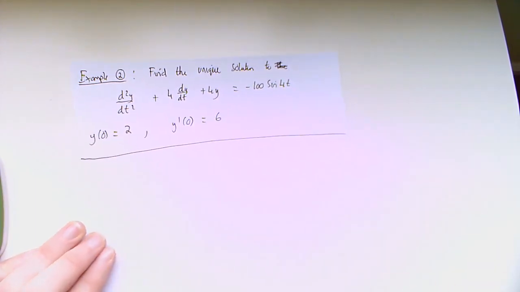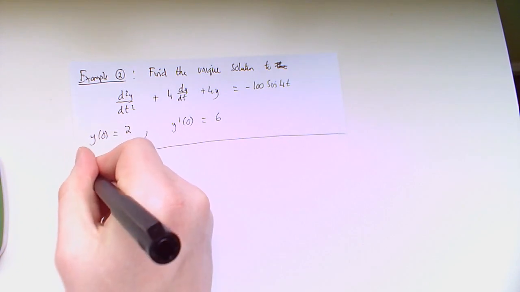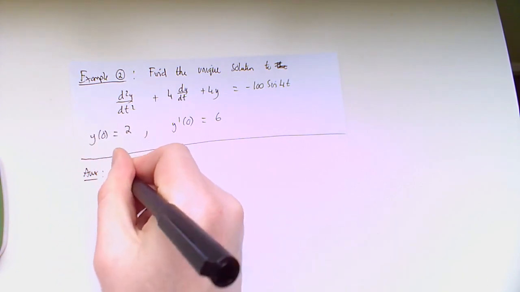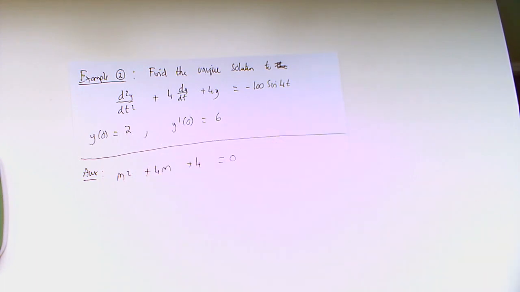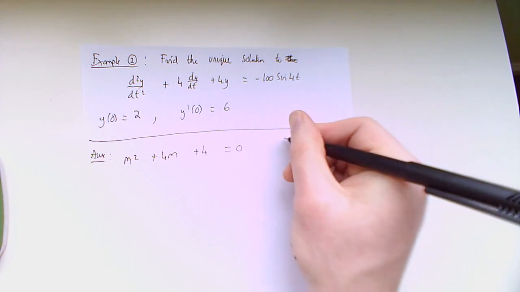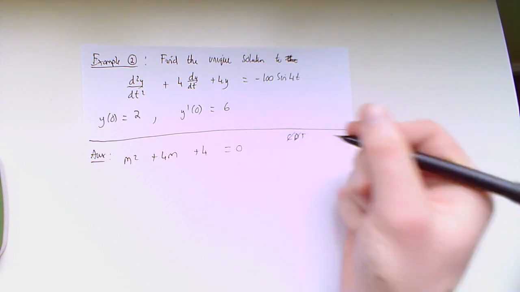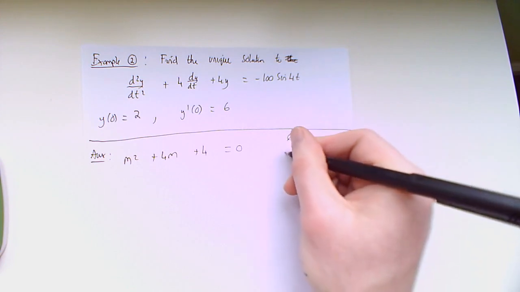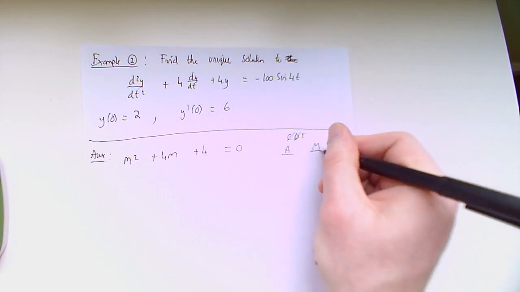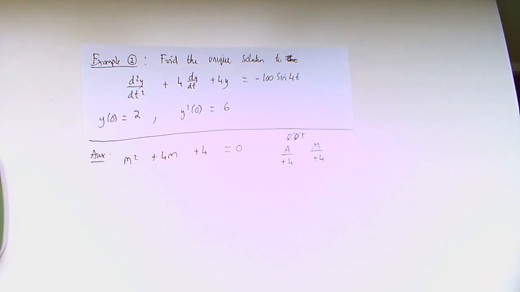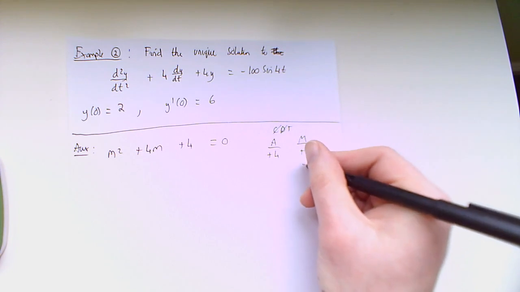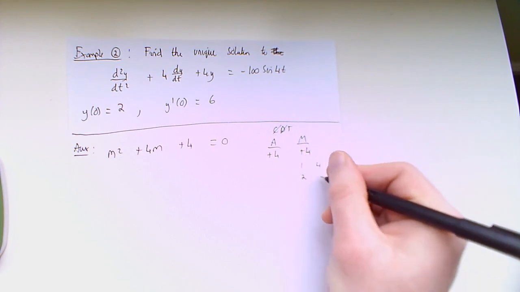But let's see what happens. So, first thing again, we set up our auxiliary equation. So that's m squared plus 4m plus 4 is equal to 0. And again, we're wanting to factorise that, or use the quadratic formula. It's a trinomial. So again, add and multiply. So I'm adding to make positive 4 and multiplying to make positive 4. So in order for me to do that, now I've got 1 times 4 and 2 times 2.